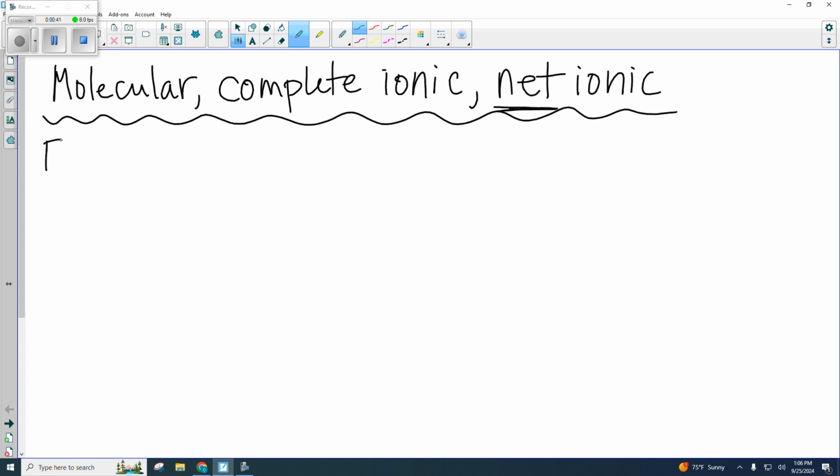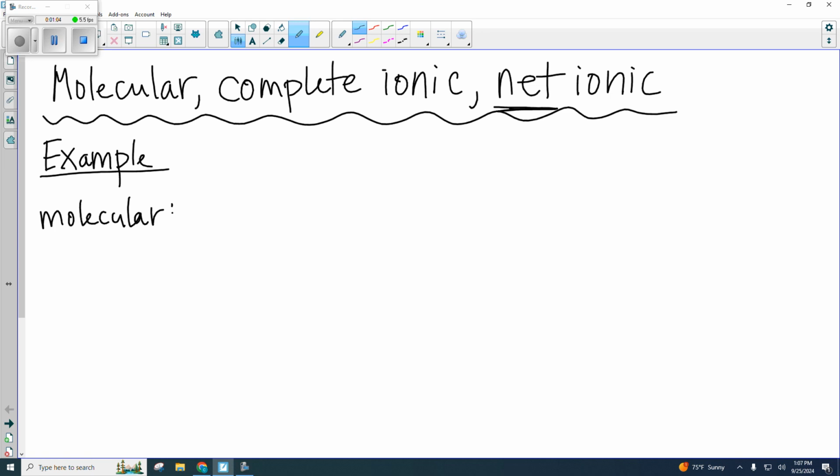So here's going to be our example. For example, we are going to write our molecular equation between aluminum nitrate and sodium carbonate.